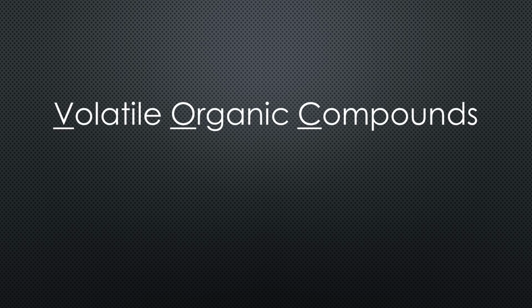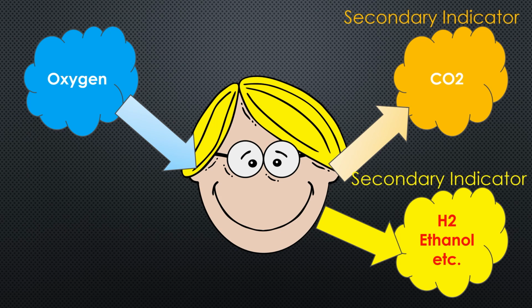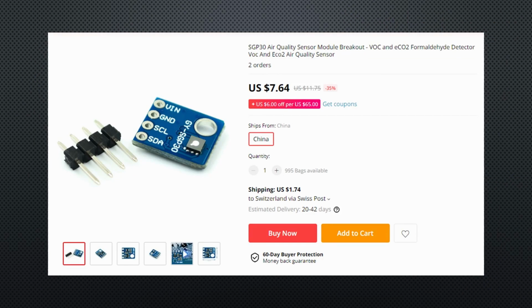From a chemical perspective, they are entirely different from CO2. But because one of their sources, human bodies, is the same, we can use them also as a secondary indicator. Sensors that measure these gases are cheaper and react much faster than CO2 sensors. But because humans are not the only source of VOC, they respond differently, as we will later see.